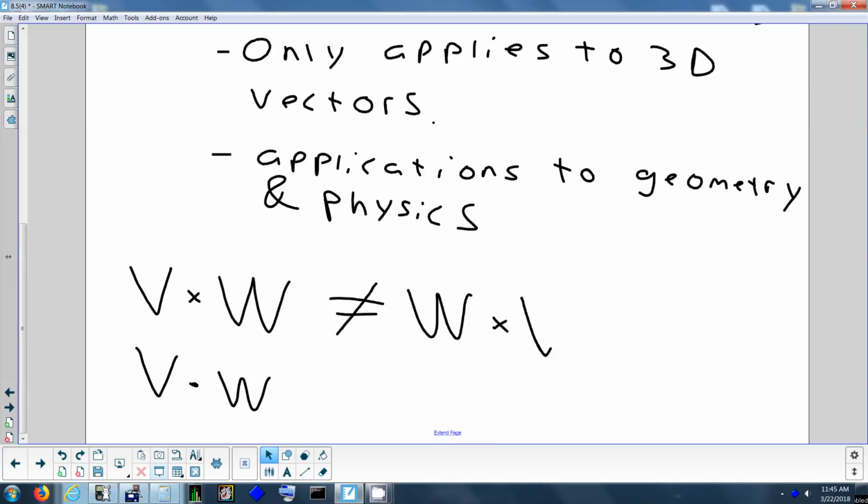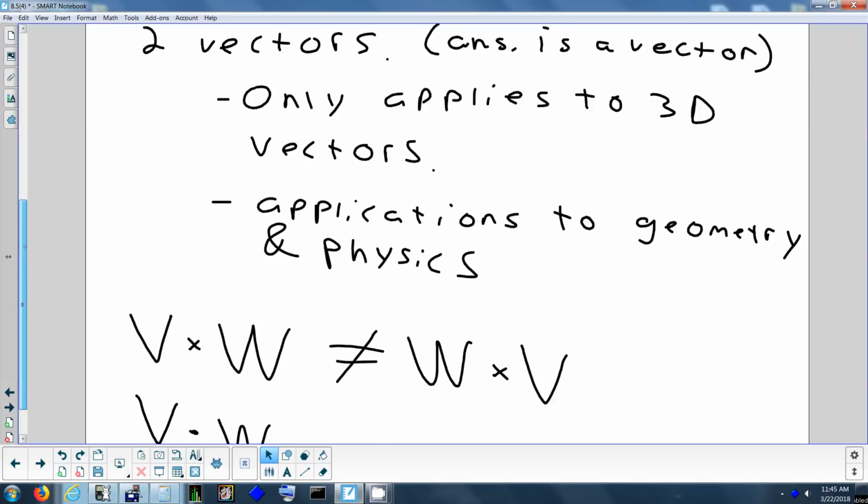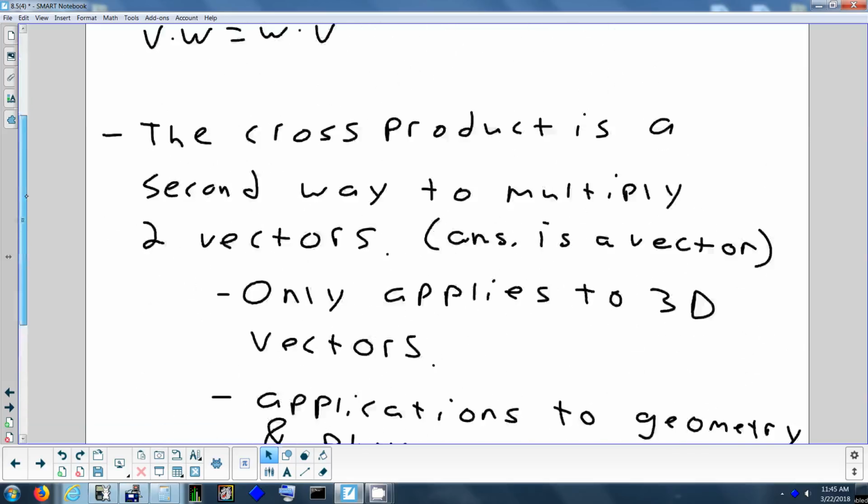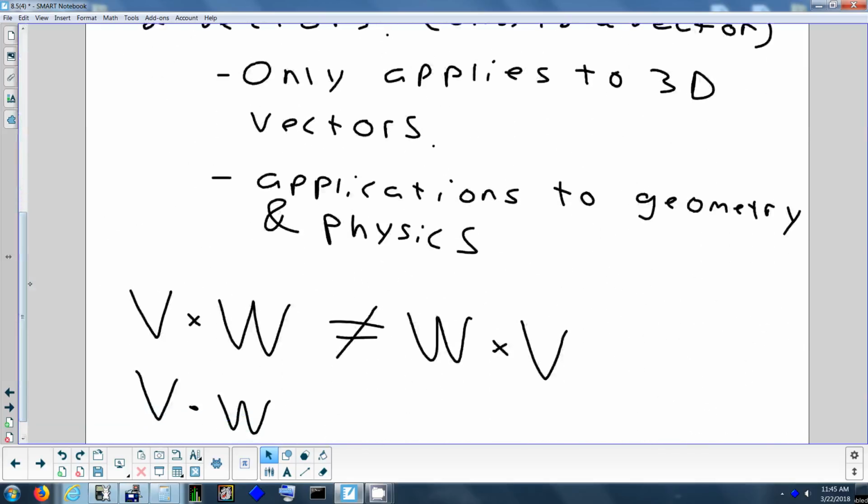Well, you can, but you won't get the same answer. V cross W is not the same as W cross V. So cross product is not commutative. And if I were going to go through an example, I would show you that. Okay. So any questions on just that idea? What a cross product gives you, you don't have to worry about how to calculate it though.